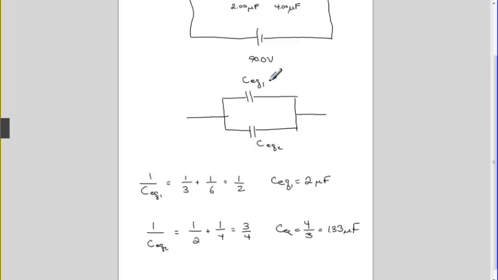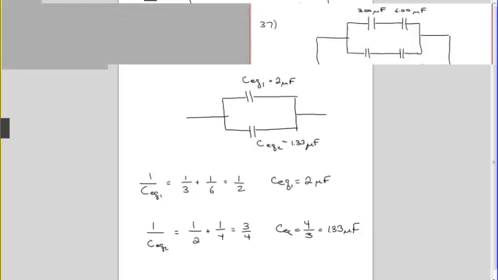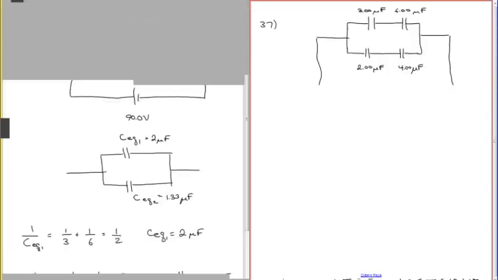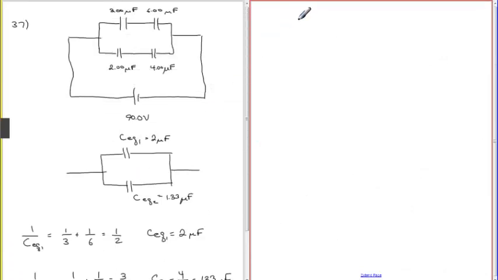So we can write that up here. This would be 2 microfarads, and this equivalent capacitance would be 1.33 microfarads. So now we have 2 capacitors in parallel, and when they're in parallel, we just add them. So our total equivalent capacitance is equal to the equivalent capacitance 1 plus the equivalent capacitance 2.